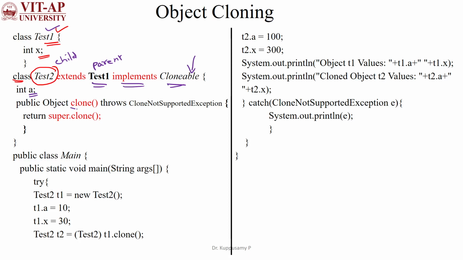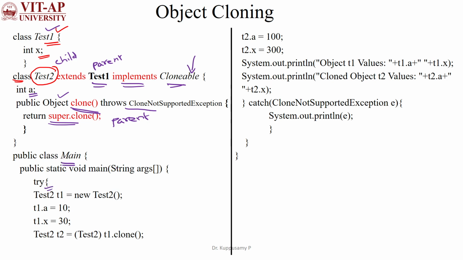Now you see, I am calling the method clone from the class Object, which is throwing CloneNotSupportedException if any exception occurs. Then it is returning super dot clone. Super means parent class, and the parent class here is Test1. Then I am creating the driver class Main.